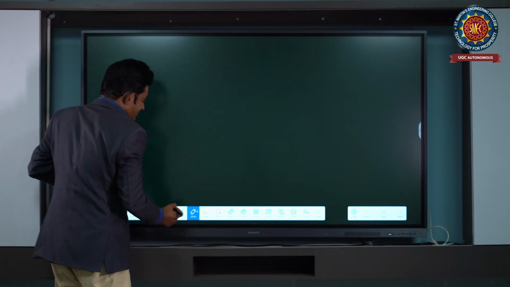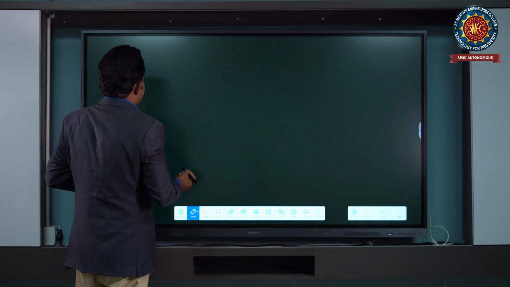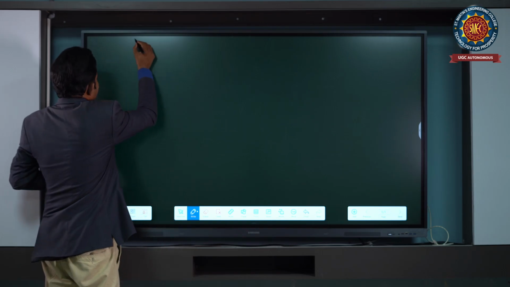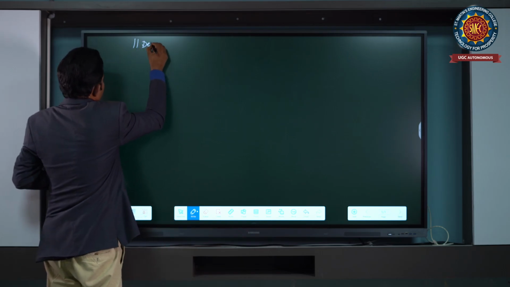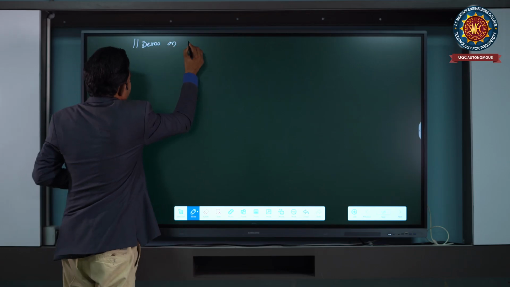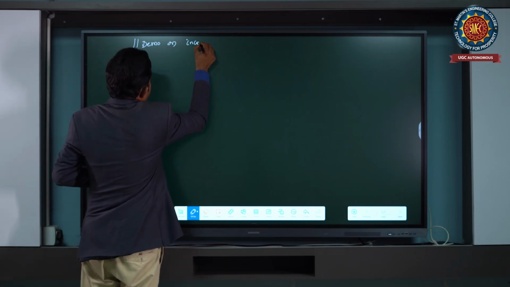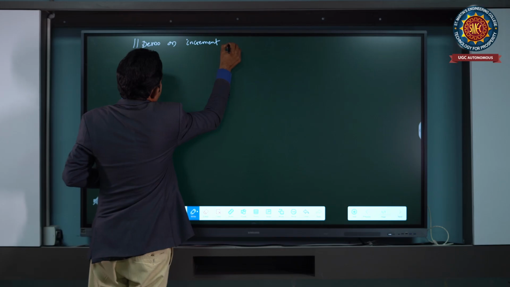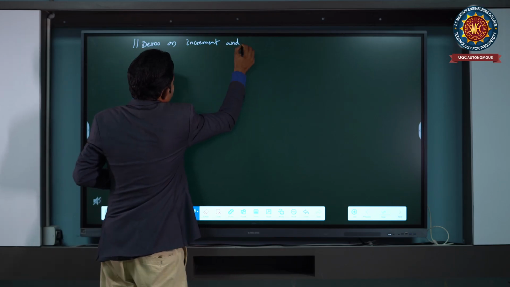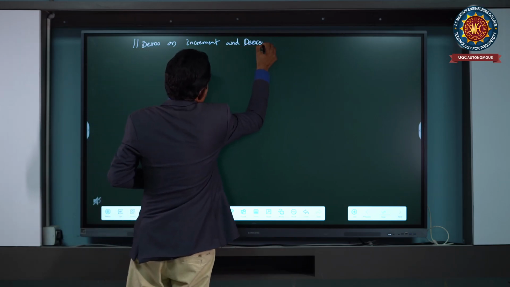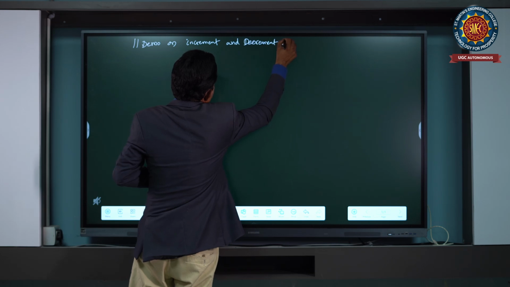Now I will demonstrate them with a simple program. Demo on increment and decrement operators.